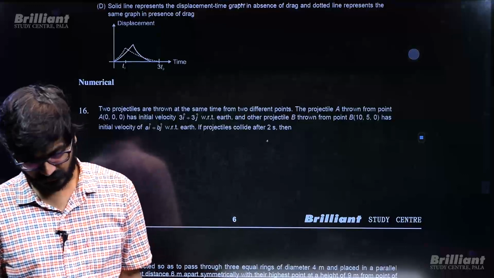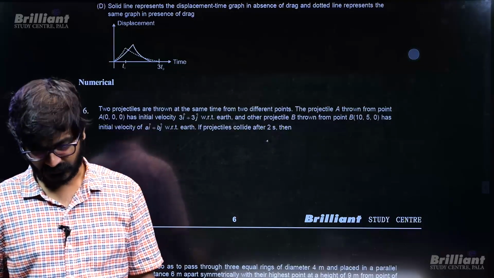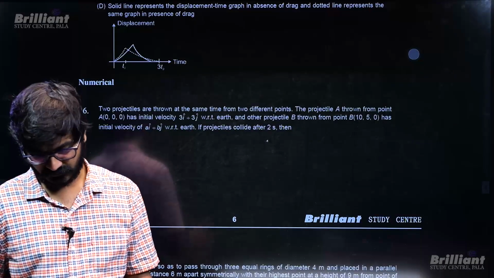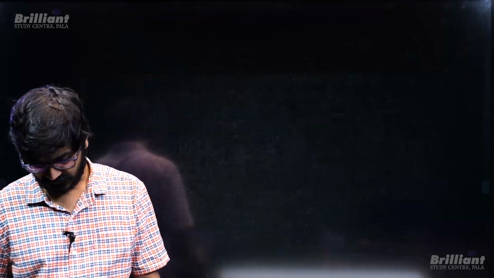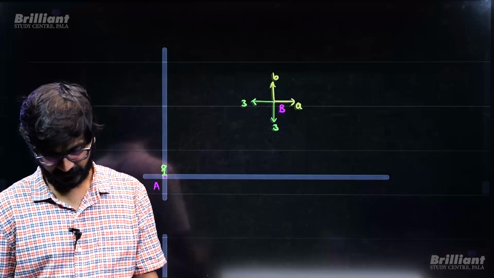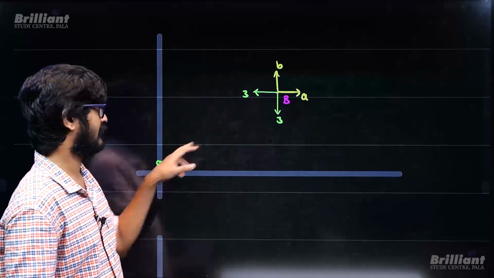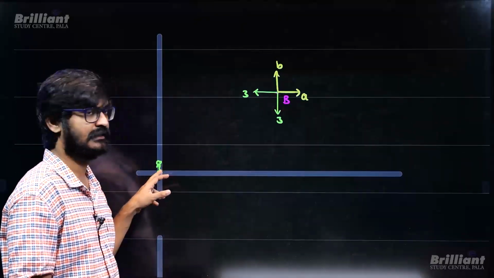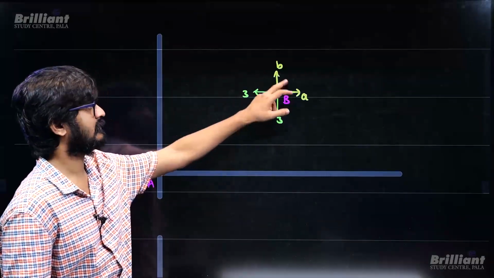Two projectiles are thrown at the same time from different points. Projectile A is thrown from point O at 3, okay, velocity is given on another projectile. So see, now there are two things which are moving. This guy will have acceleration, this guy will have acceleration. So when I sit on this guy, acceleration will get cancelled, relative acceleration is going to be 0. This guy's velocity was a and b.